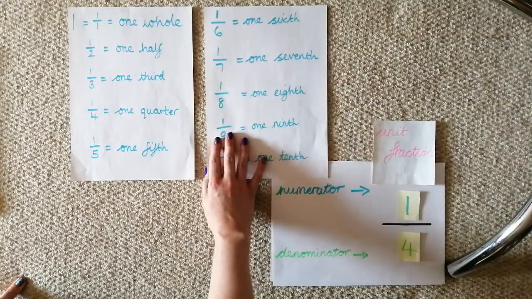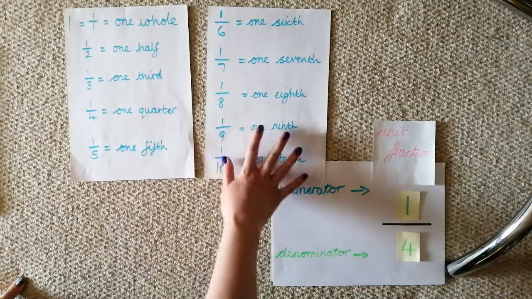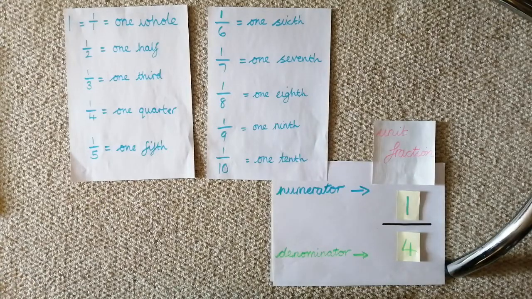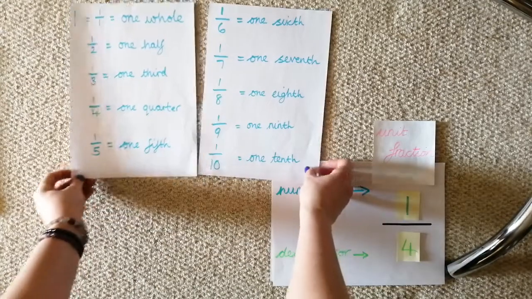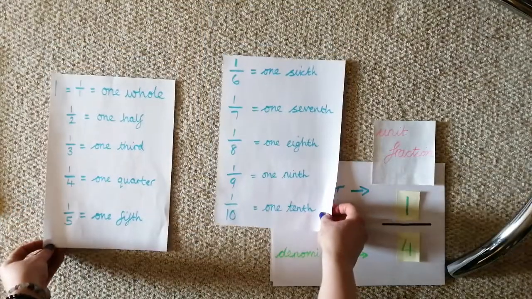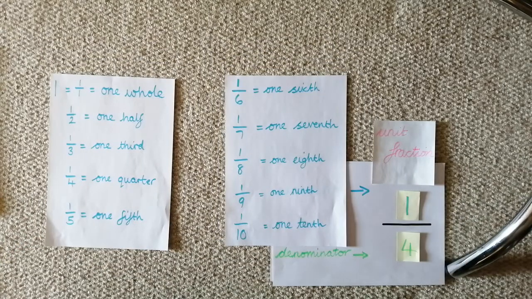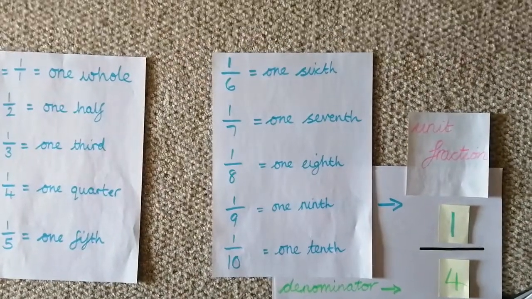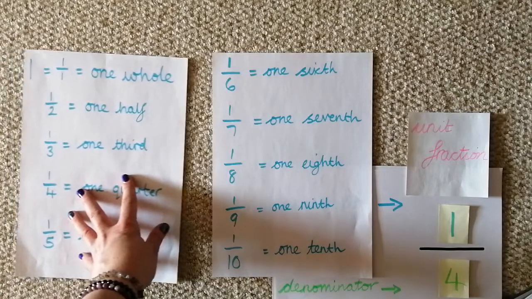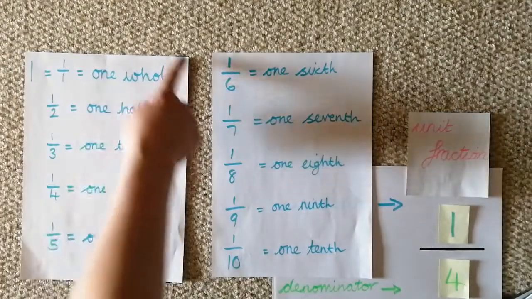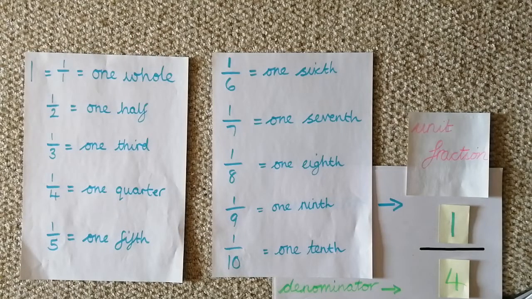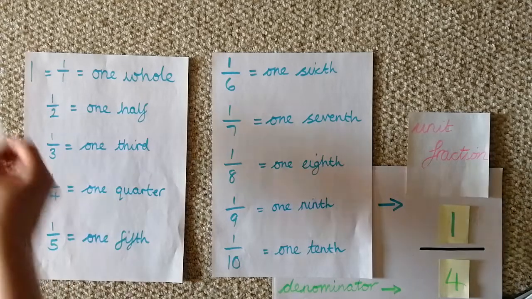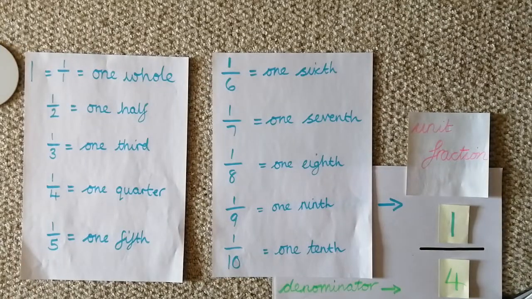Okay, so here we have some of the ways of writing those different fractions. We've talked about 1/2 already, and that was quite good. So let's have a look at the different fractions. So the whole is the whole thing all together.